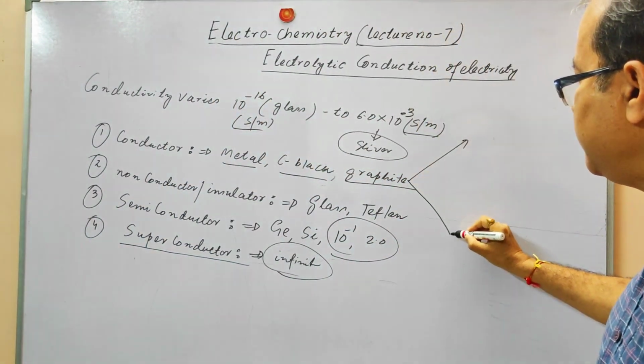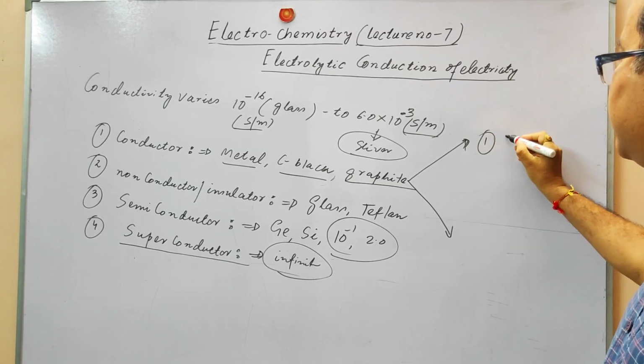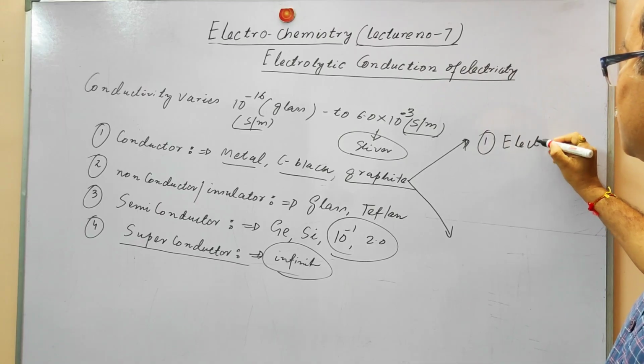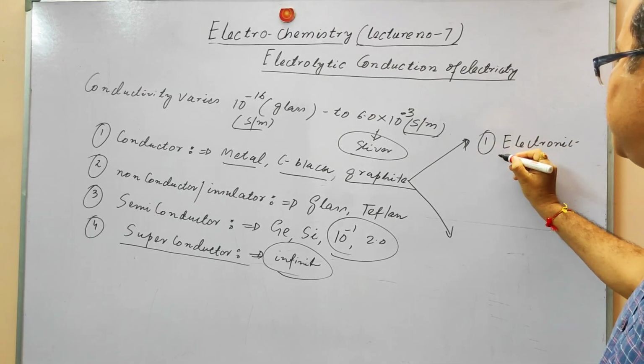Conductors are basically of 2 types. One is the electronic conductor, or we can say metallic conductor.